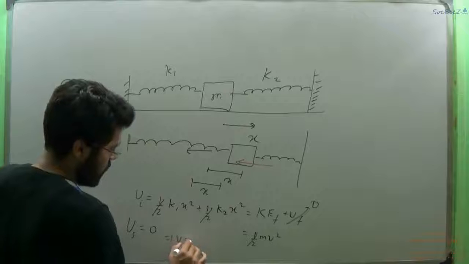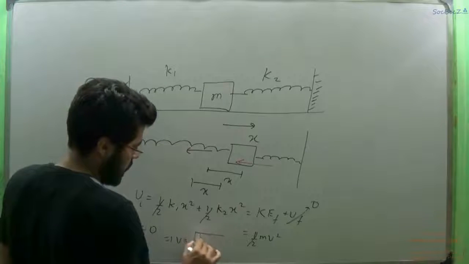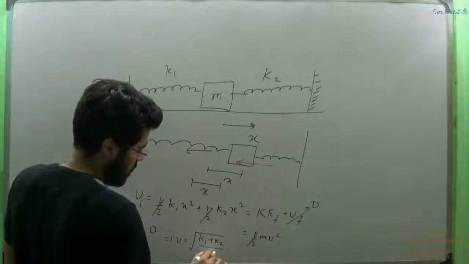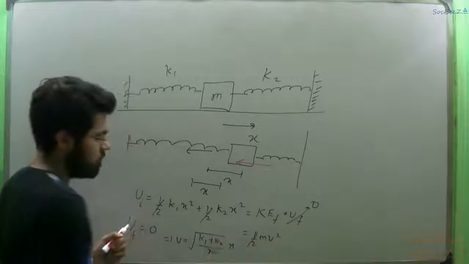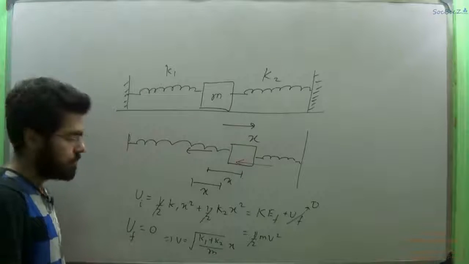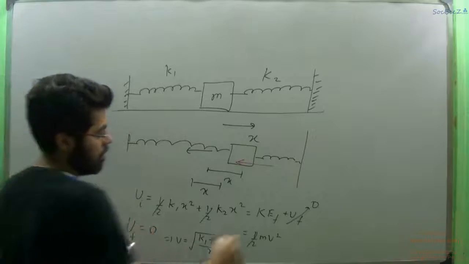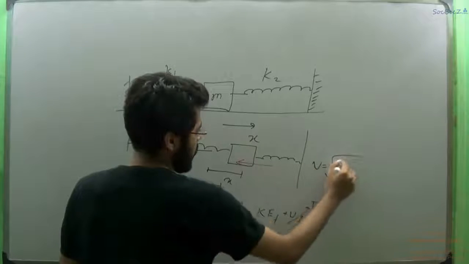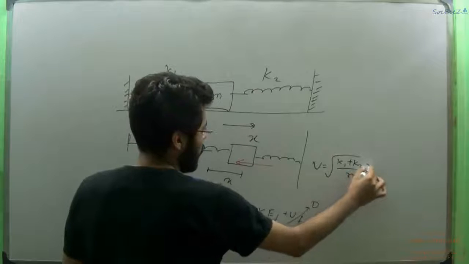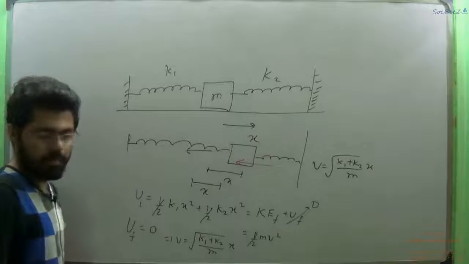So v will be root under (K1 plus K2) by m into x. Simple. Law of conservation of energy. V is simply root under (K1 plus K2) by m into x.